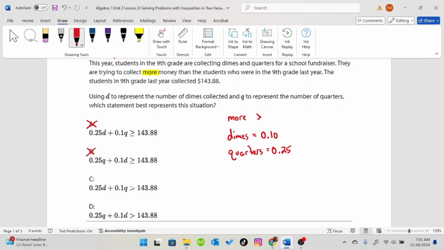So we should see the 0.10 paired up with D for dimes, and we should see 0.25 paired up with Q for quarters, and we see that correctly done on choice D. Choice C pairs the wrong variable with the wrong number. If you have any questions about how to solve this practice problem, please use class time to ask for further clarification before we move forward.